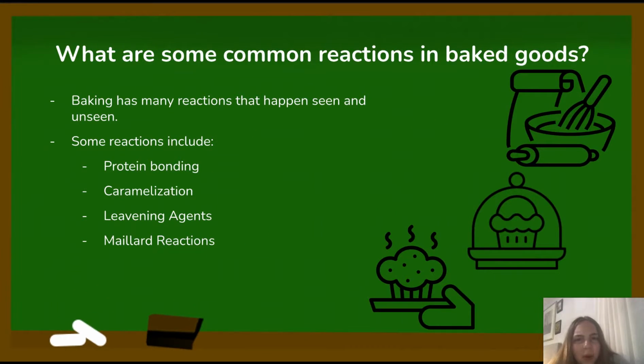Now, what makes these goods rise? Why is cocoa powder able to make it taste like chocolate? Why does food coloring dye the batter or frosting? In flour alone, there's the process of protein bonding, where proteins in the flour mix to create gluten. Baking allows the gluten chains to grow and expand.